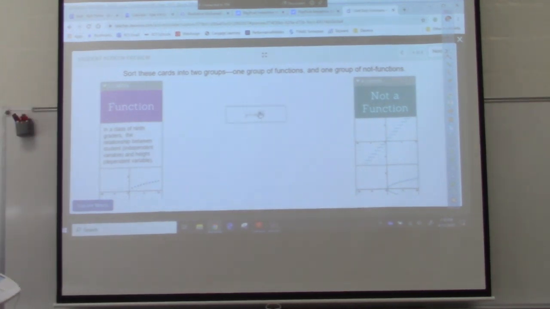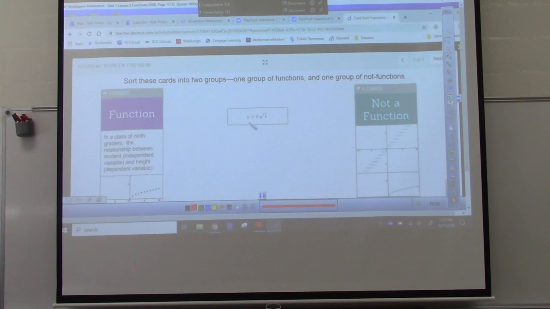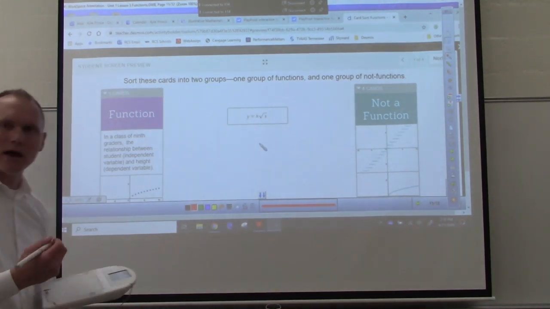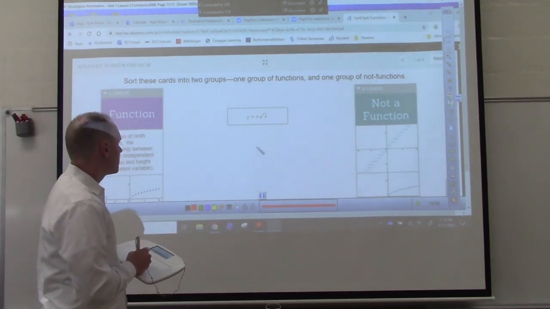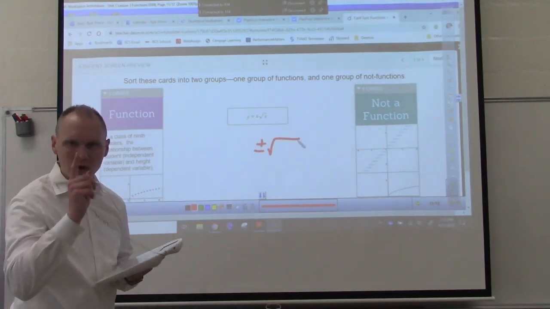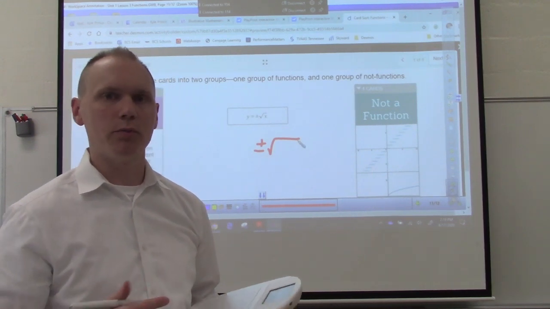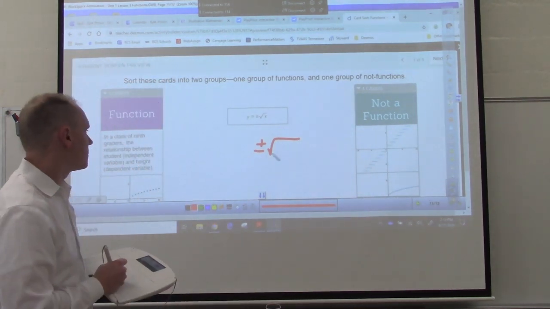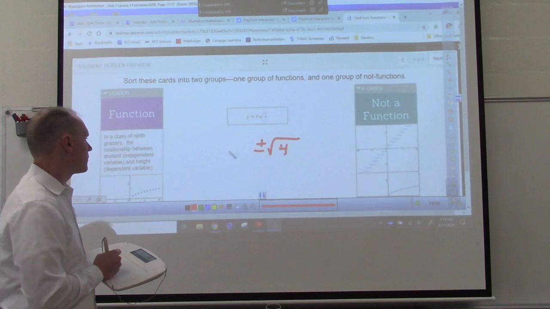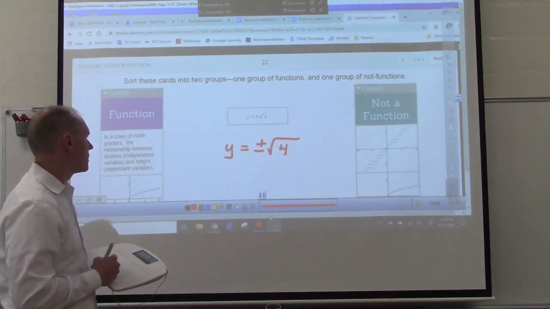And then lastly, y equals plus or minus the square root of x. Let's think about this more algebraically. If we input a value, let's see if we get one output, or is it possible that we might get multiple outputs? Let's put in 4 for x and see what we get for y.